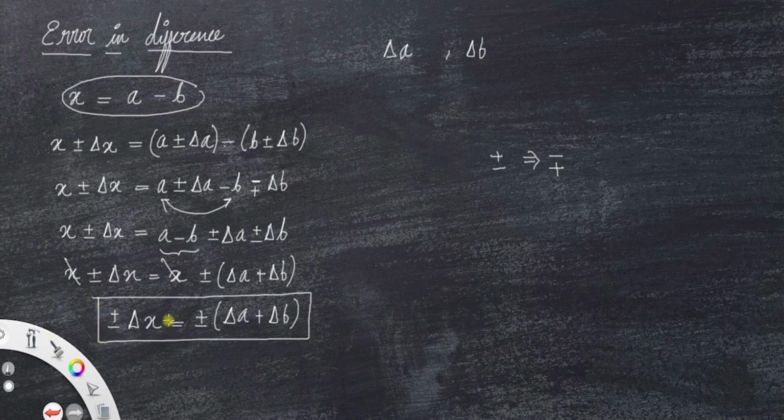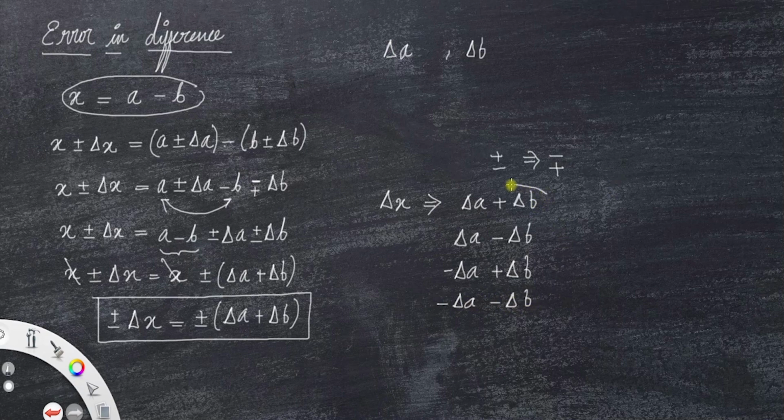So like we discussed before, we have four combinations. Delta x is equal to delta a plus delta b, delta a minus delta b, minus delta a plus delta b, and minus delta a minus delta b.